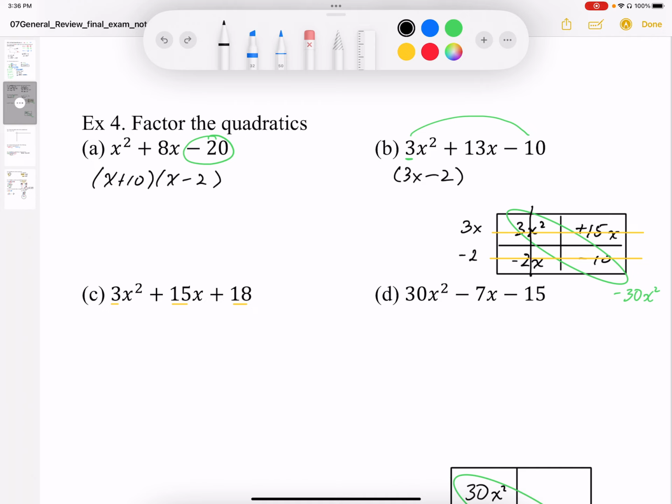Here the common factor is going to be just 1x. The common factor here is going to be a 5. So we end up with x plus 5, 3x minus 2. Okay, and it looks like that negative is hidden here, but that's a negative 10 in there.